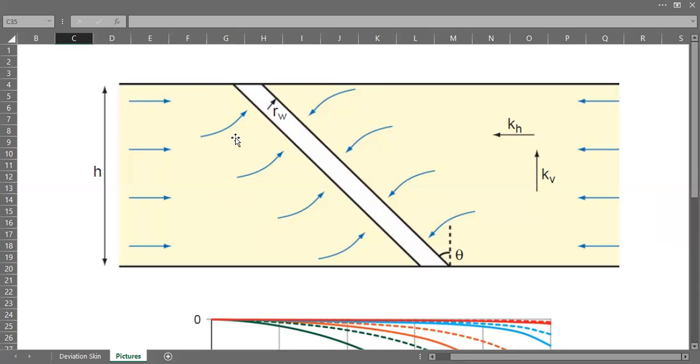So rather than inducing positive skin, like in the case of formation damage, this deviation effect will give negative skin, like stimulation. So if you have a deviated well, it will improve your productivity to some degree. This is the simplistic idea of skin due to deviation.